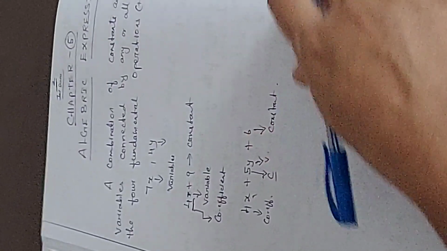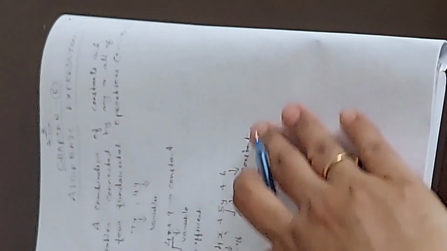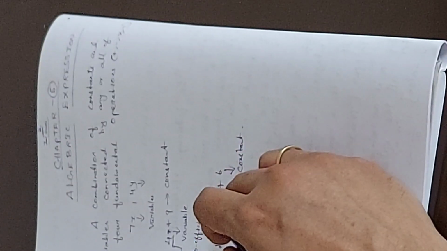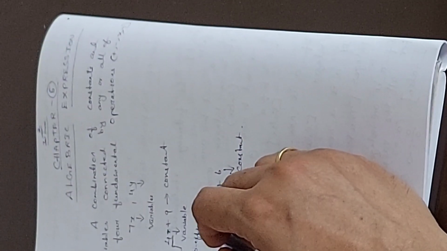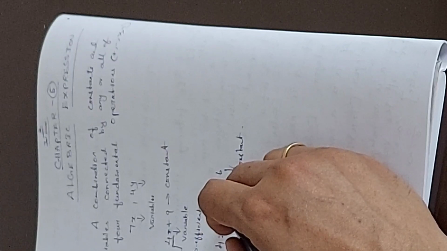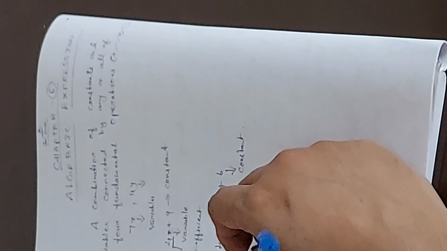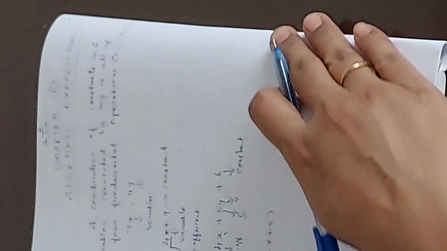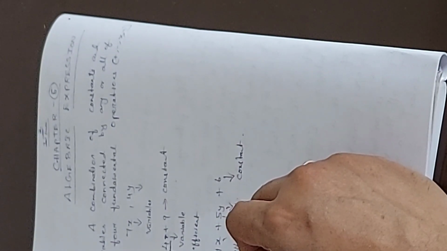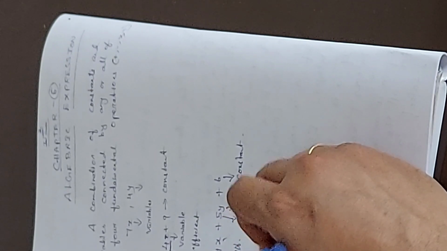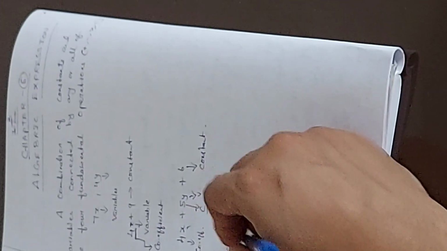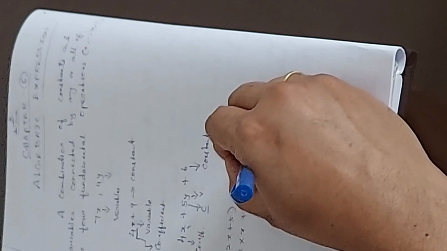Okay, children. And it is observed that in these expressions there are parts which are formed separately and then we have added or subtracted. That is, in 2x plus 5, 2x is first formed, that is 2 is multiplied with x and 2x is formed. Again it is added with the second term 5, that is a constant. So then only we are getting this 2x plus 5.